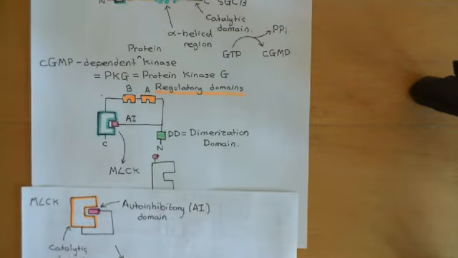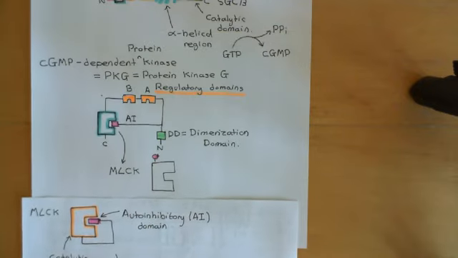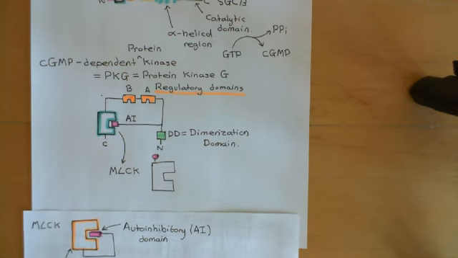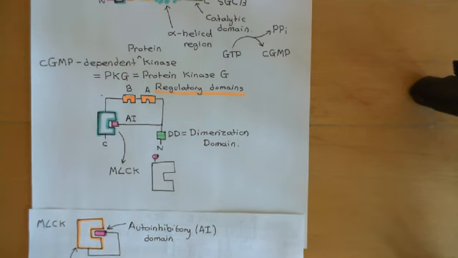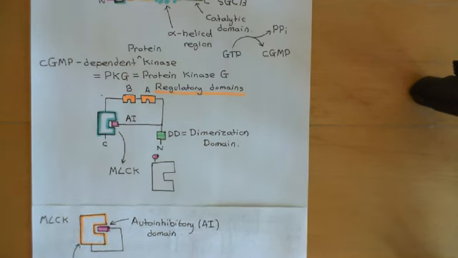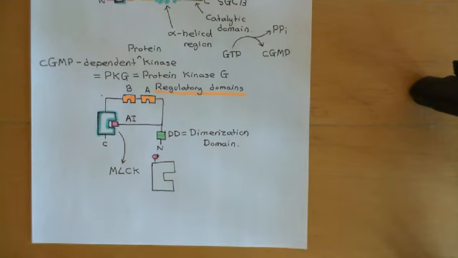Basically, what this phosphorylation by protein kinase G does is it means that even if calcium calmodulin complexes are produced, because a calcium signal is produced in the smooth muscle cell, then you're not actually going to get the activation of myosin light chain kinase. So basically, phosphorylation of myosin light chain kinase blocks the activation of myosin light chain kinase by calcium calmodulin complexes.